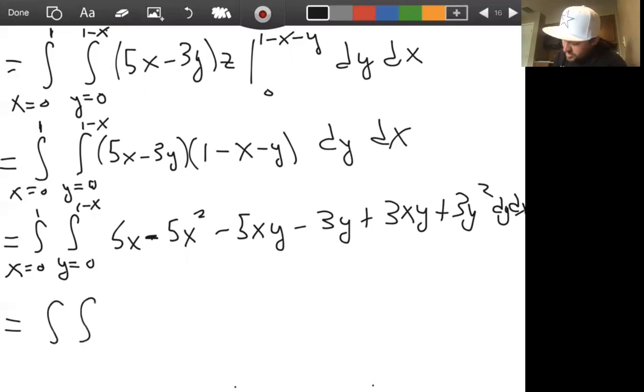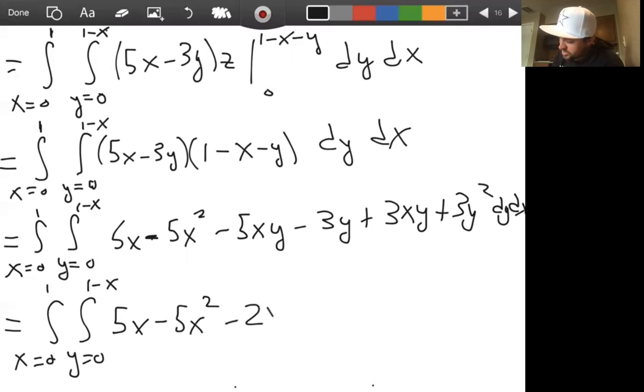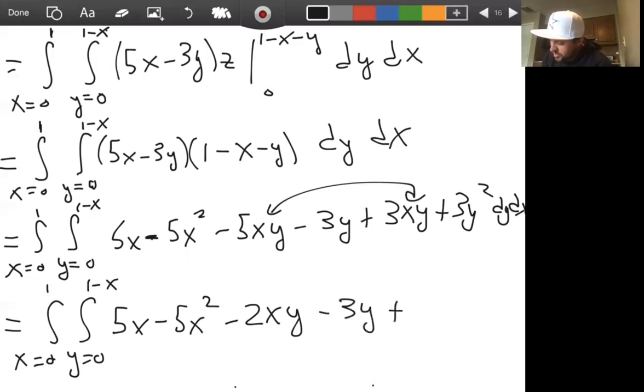This becomes x equals 0 to 1, y equals 0 to 1 minus x, 5x minus 5x squared, and then it looks like it'll be minus 2xy because of this combination, minus 3y plus 3y squared dy dx.